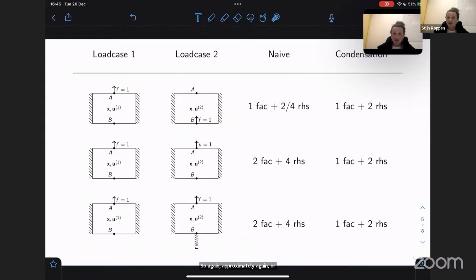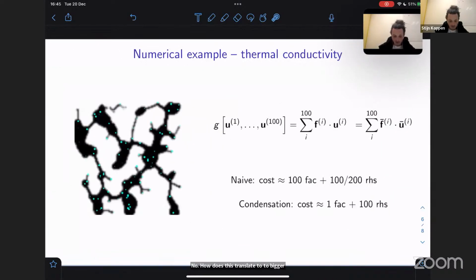Now, how does this translate to bigger problems? I will explain this thermal conductivity problem, where we have distributed in the domain 100 points that we're interested in, and we consider 100 different loading conditions.